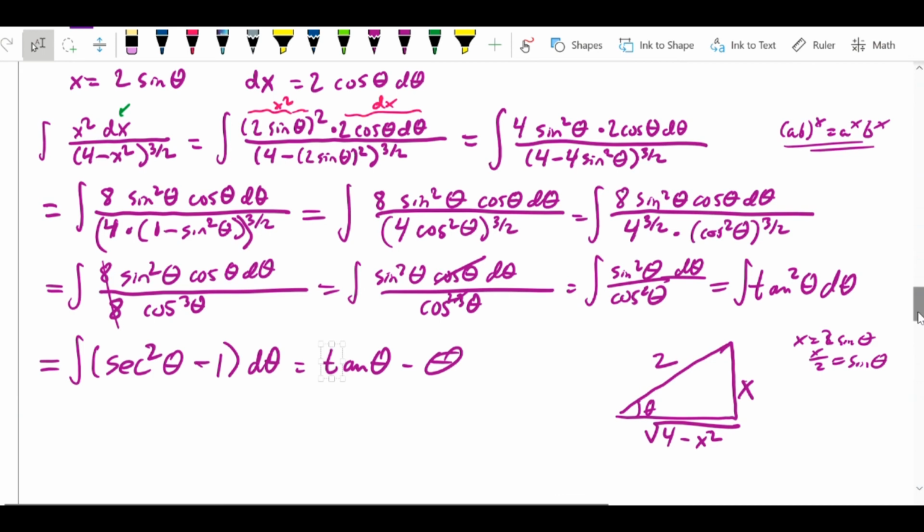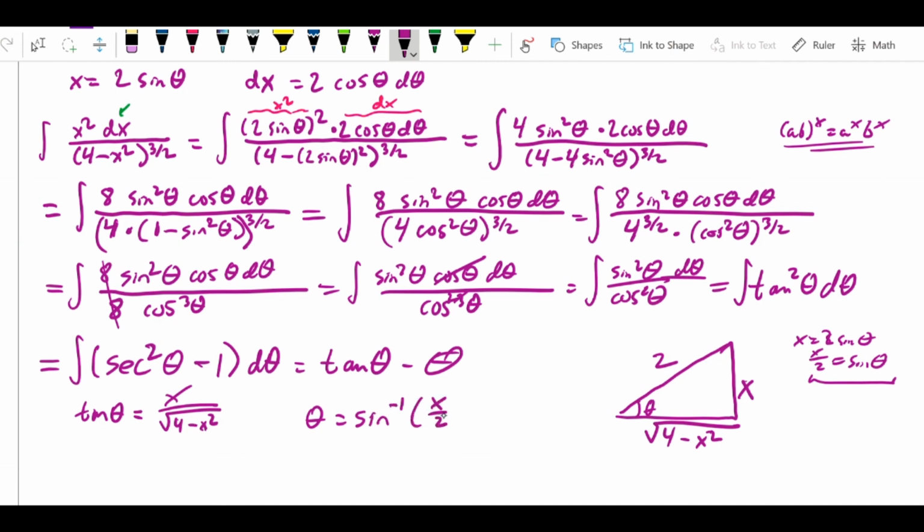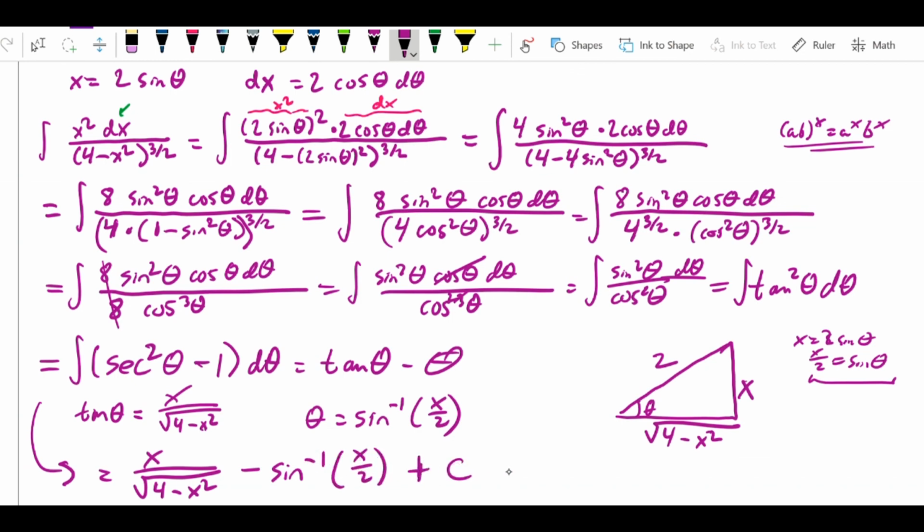What we can see is that tan theta is equal to x over the square root of 4 minus x squared, and theta itself we can read right off that expression. If x over 2 equals sine theta, then theta is equal to the arcsine of x over 2. So this integral is going to equal x over the square root of 4 minus x squared, minus arcsine of x over 2, and of course the hardest part of the problem, the plus C.